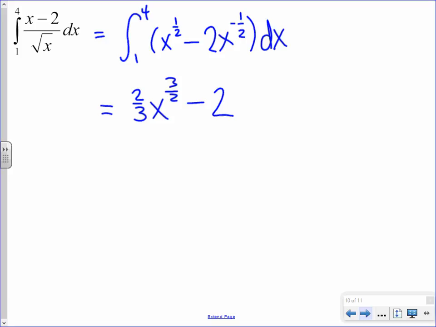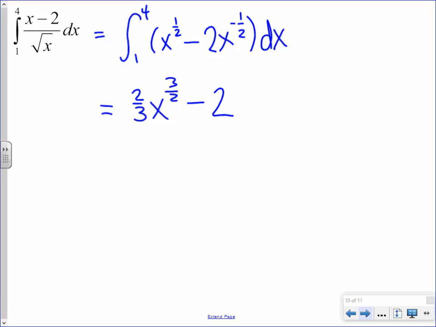Madison, what's that one? Antiderivative of x to the negative half. What does the power become? With the fractional power, it's going to stay fractional power.